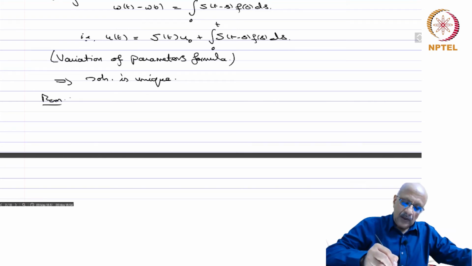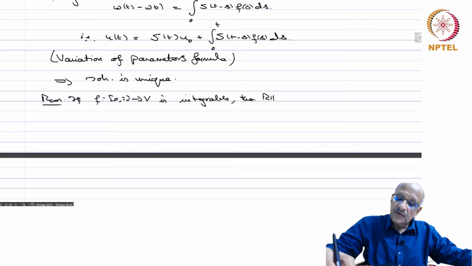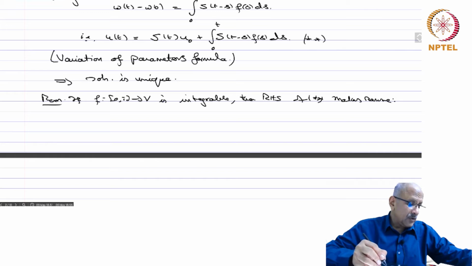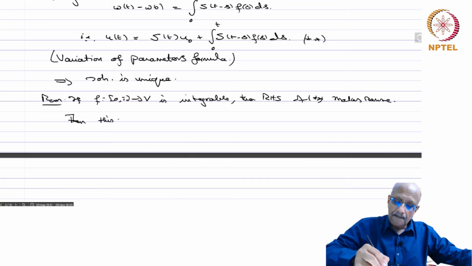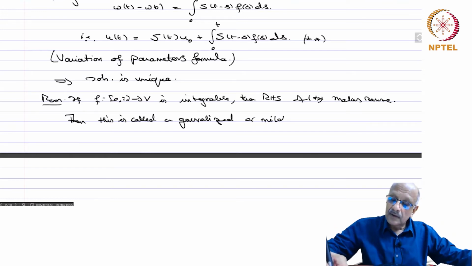So the solution is given like this, therefore the solution is unique, since you have a representation formula. Okay. So, remark: if f from [0, T] to V is integrable, then the right-hand side of (double star) makes sense. Okay. And therefore, this is called a generalized solution or mild solution.